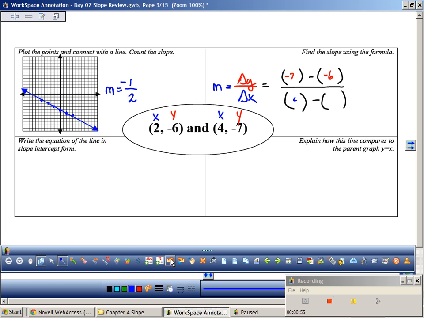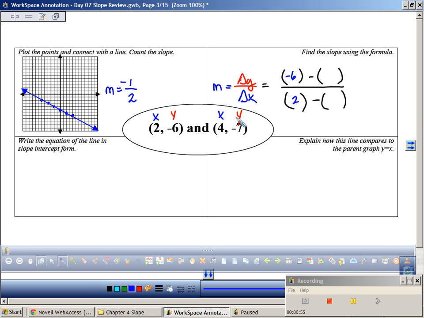Is it easier to do this? (2, -6) is my first point. My y goes on top, so I'm going to put the -6 here and the 2 here. And this is my second point, so I put -7 on top and 4 in the bottom. That way you just don't have to think about which one comes first and which one comes second.